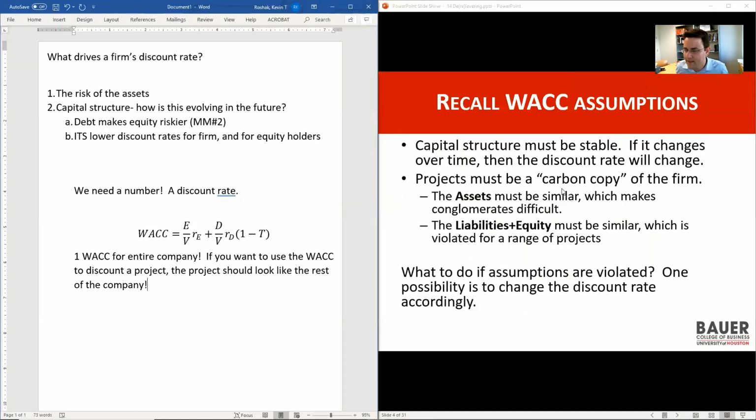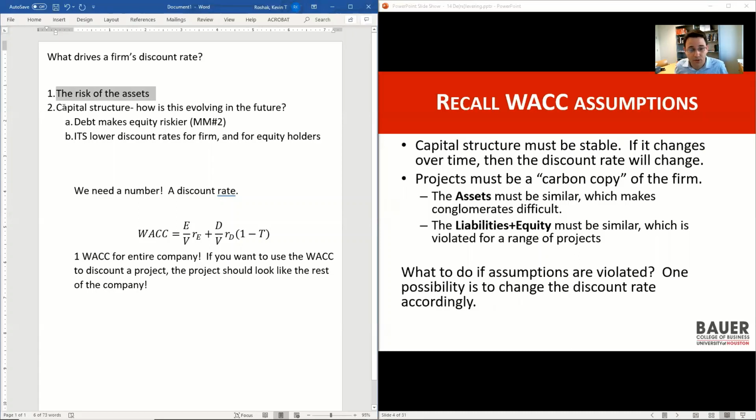A short way of saying this is that the project must be a carbon copy of the firm. Right? It's got to look pretty much identical. It has to look identical on the asset side. Right? We go back up here. What drives the discount rate? The risk of the assets. The risk of your project's assets have to look like the risk of the firm assets.